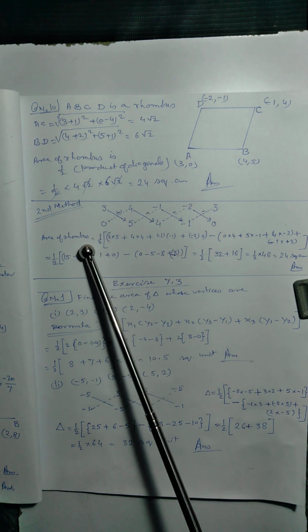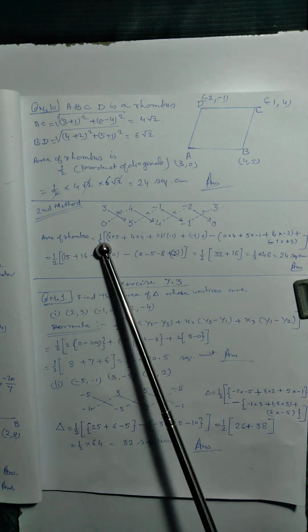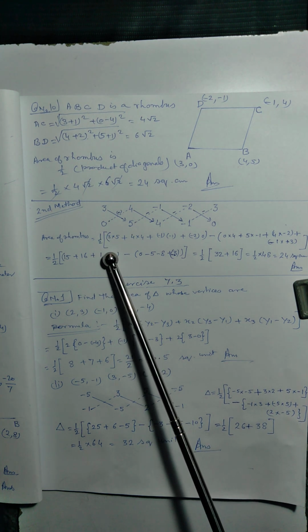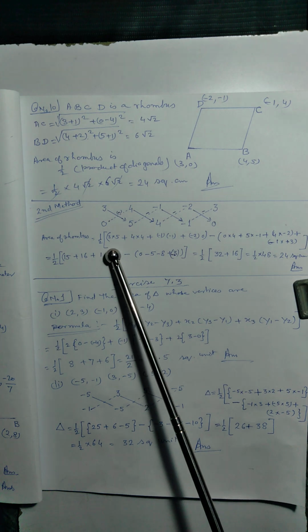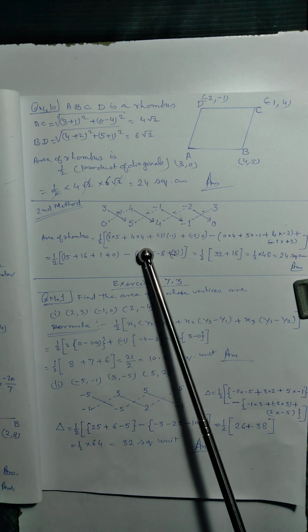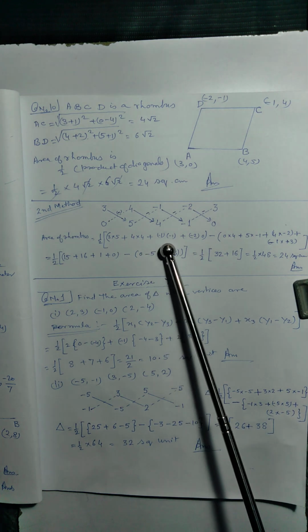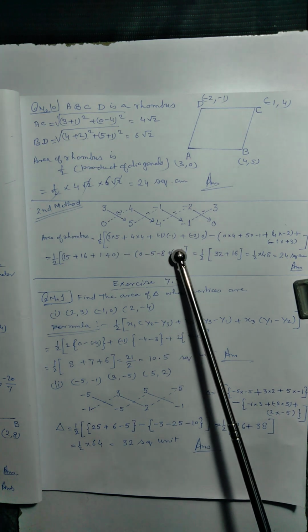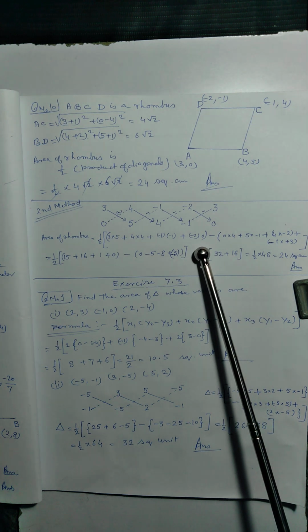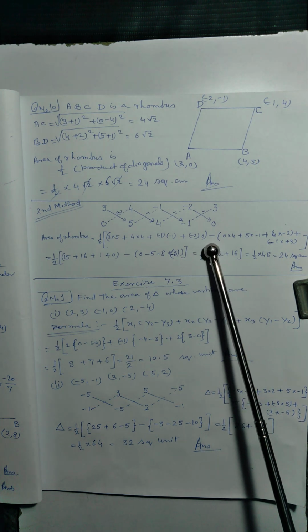So here you see, the area of the rhombus will be equal to 1/2. Then 3 into 5 plus 4 into 4 plus (-1) into 1 plus (-2) into 0 in the first bracket.